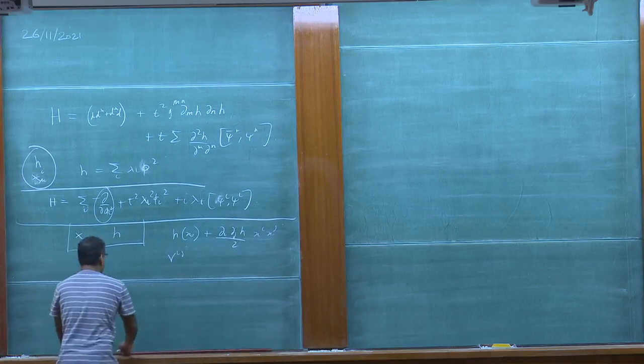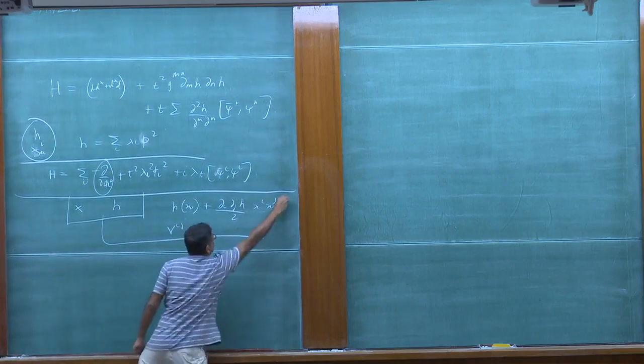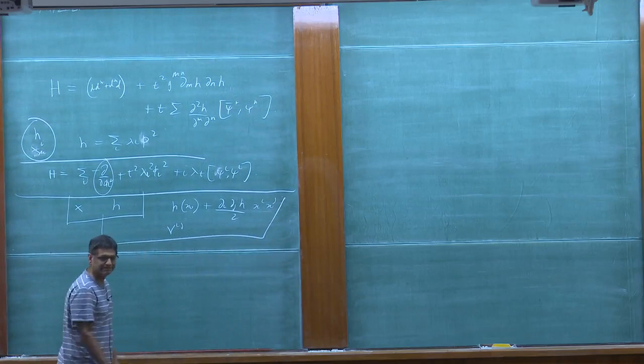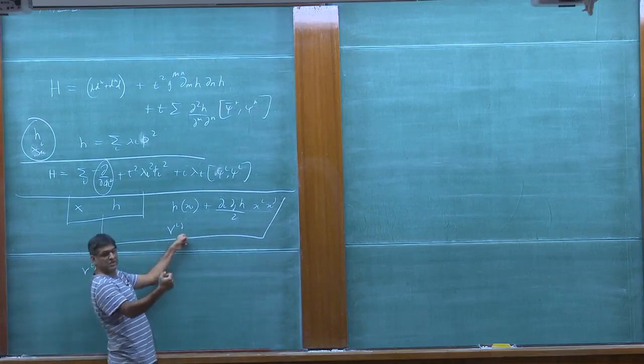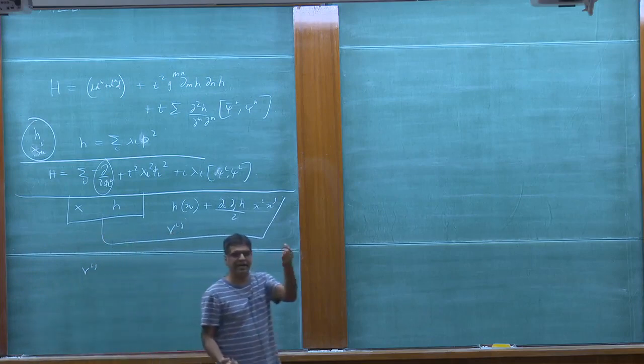Now, let's look at the whole Lagrangian around this point. The whole Lagrangian has gamma_ij, which is now effectively a constant, because it is gamma_ij at that point.